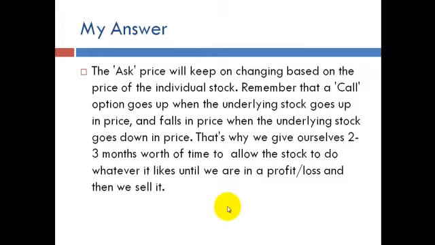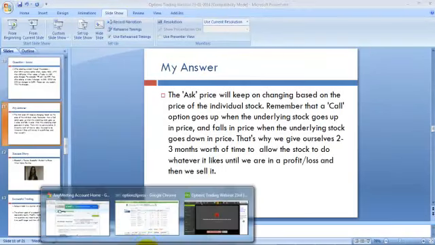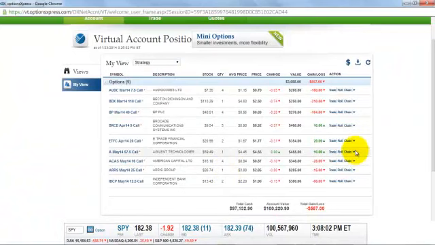Okay, so what it is saying is, for example, this stock, which is AUDC, today is minus 0.05 points down.